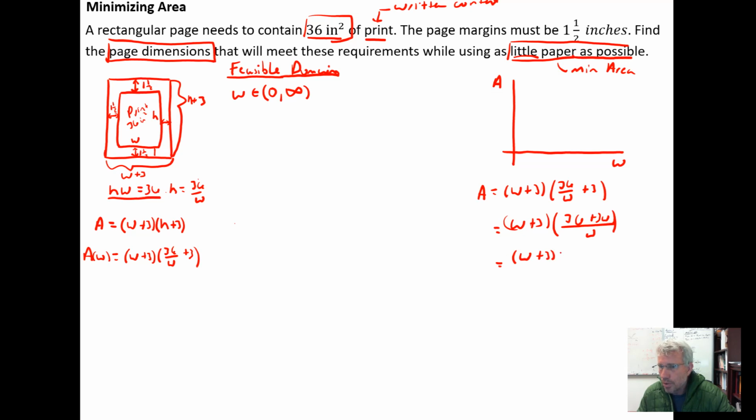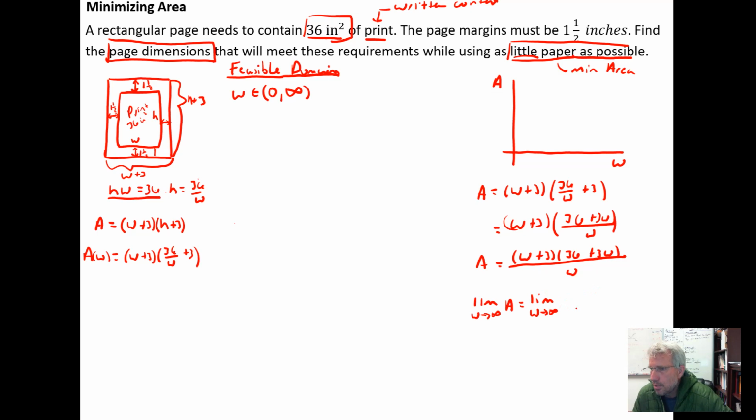It's the polynomial w plus 3 times 36 plus 3w in the numerator over w. So we could actually think about what happens to the area function as we let the width go to infinity. What is the limit as the width goes to infinity of our area function? And that's going to just equal the limit as w goes to infinity.